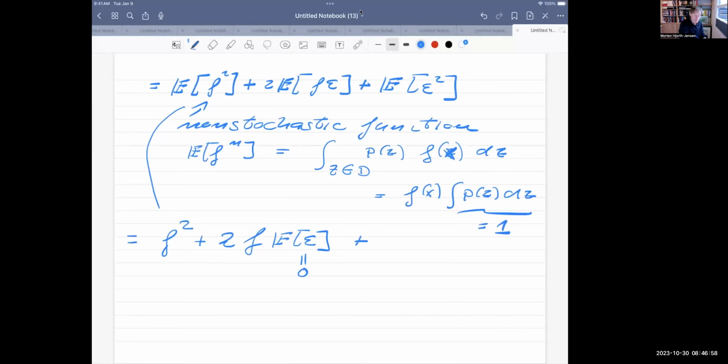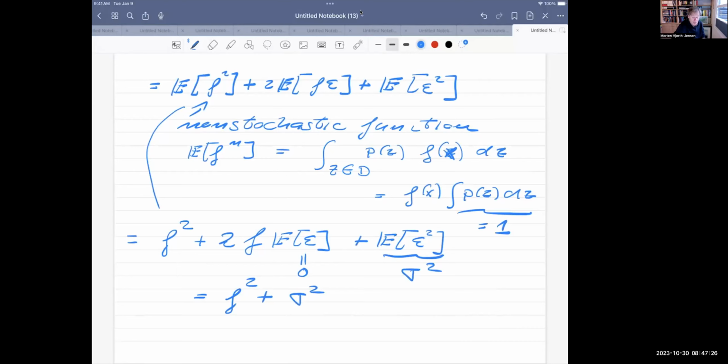So what we're left with is a term which contains this sigma squared. So what we are left with at the end for that specific term is f squared plus this term sigma squared, because we have assumed that the variance of epsilon, the random noise which we have, is given by this quantity sigma squared, which is actually an unknown quantity.